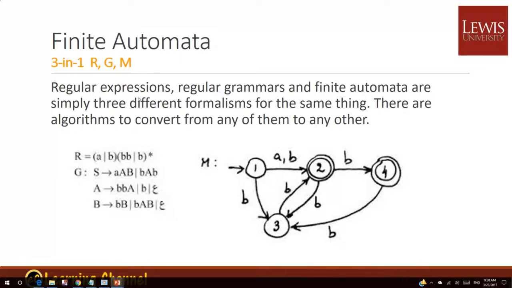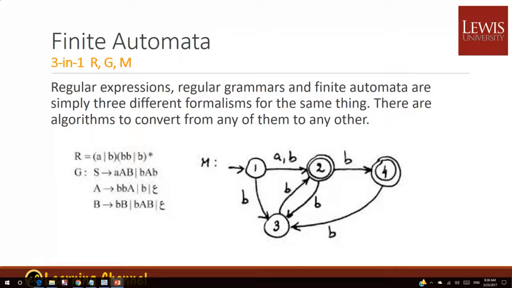So regular expression is defined like this. We will discuss what this means later. And regular grammar is something like this, a set of rules. And finite automata is like this.